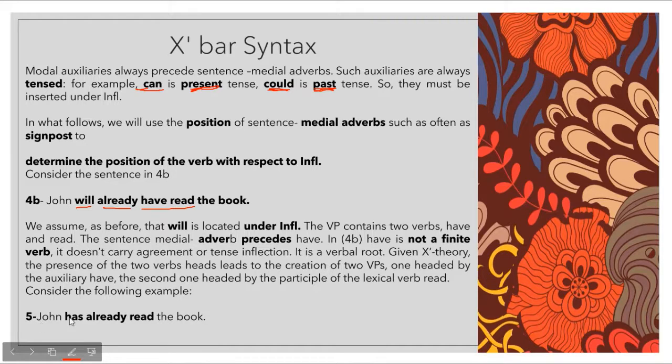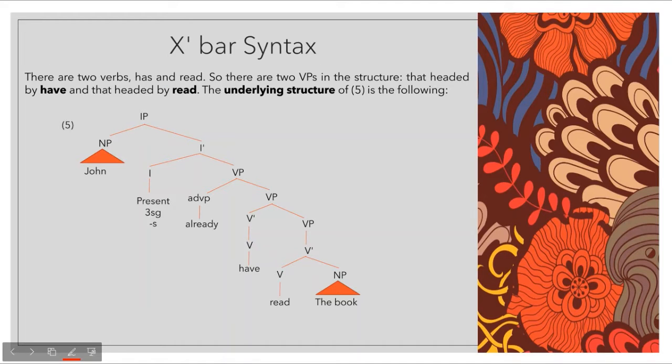John has already read the book. There are two verbs, has and read, so there are two VPs in the structure, that headed by have and that headed by read. The underlying structure of 5 is the following.